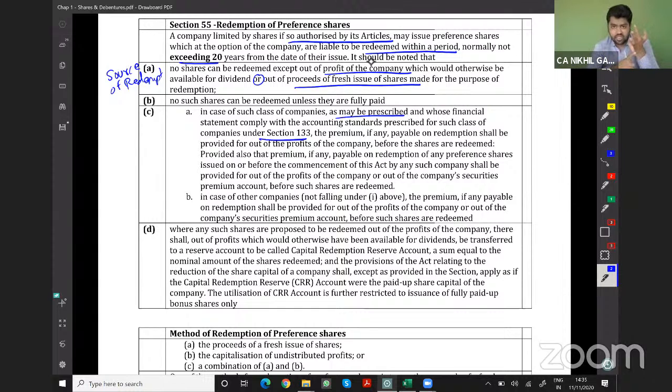But if you are a section 133 company, it could be used only for 3 things: for buyback, for bonus, and for issue expenses relating to shares only, and equity shares more specifically.